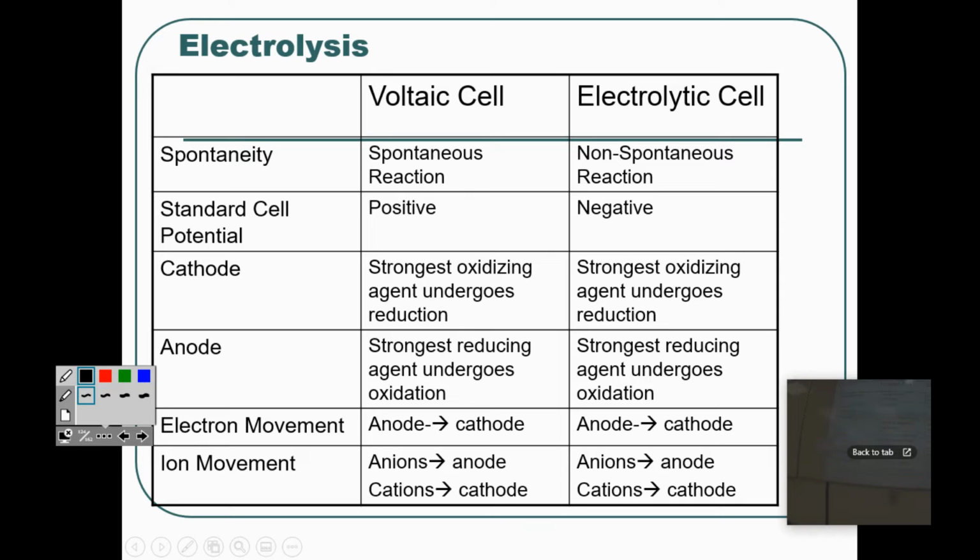So everything we've learned with voltaic cells and other electrochemical processes applies here. Okay? The cell notation is a little bit different in a lot of cases, because we don't usually have two half cells in something like this.